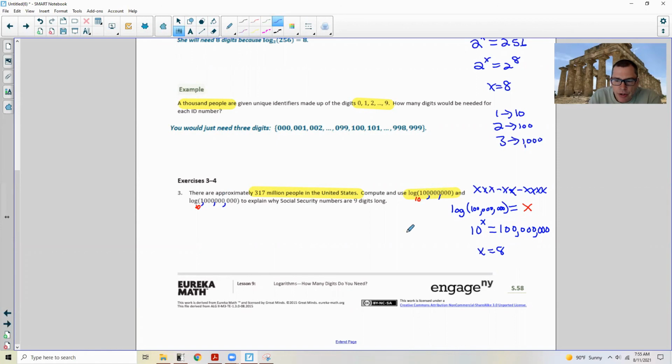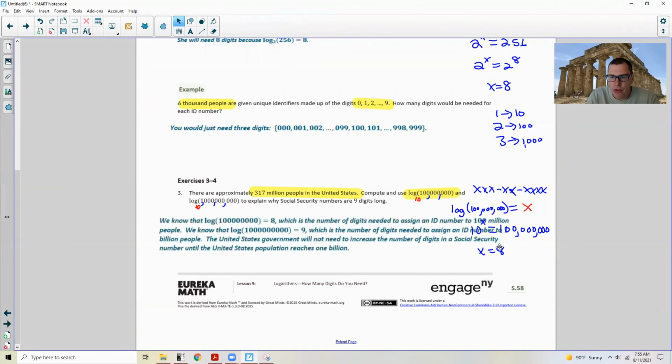Add another 0 and you're adding another digit. So you're adding another number to what it's equal to. And we know that the log of 100 million is 8, which is the number of digits needed to assign an ID number to 100 million people. And we know that the log of 1 billion is 9, which is the number of digits needed to assign an ID number to 1 billion people.